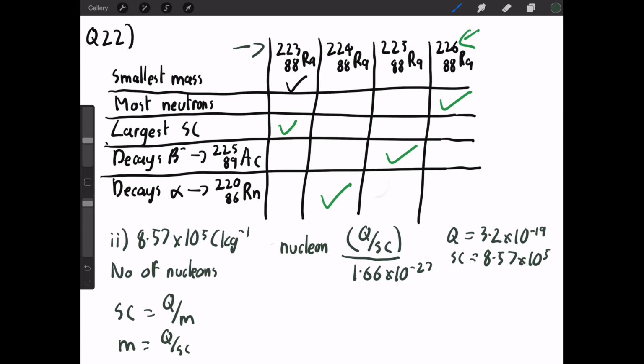Plug that all in, and that will give you a number very close to 225. So clearly it must be this isotope here which has been ionised. And that, I believe, is it.